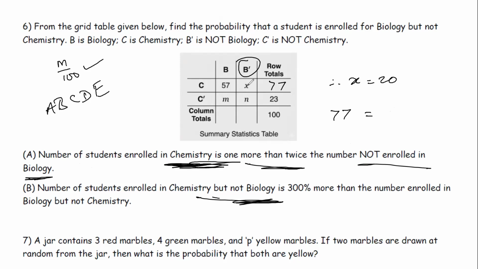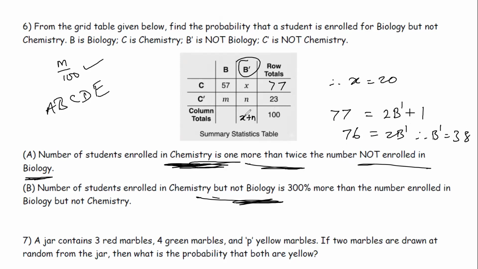So not enrolled in biology is this, and that is X plus N. So it is one more than twice. I'll just take it as B dash for the time being instead of X plus N, twice B dash and one more than that. So 76 is equal to twice B dash. Therefore, B dash is equal to 38.